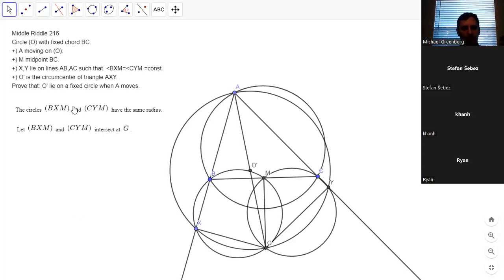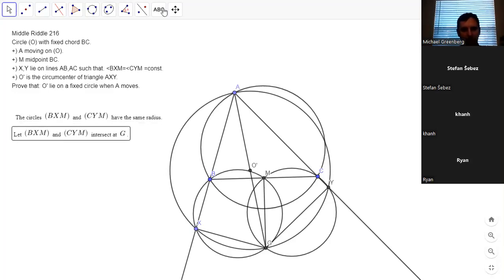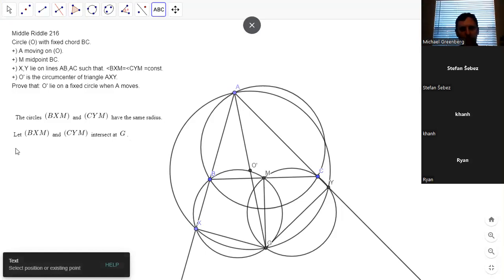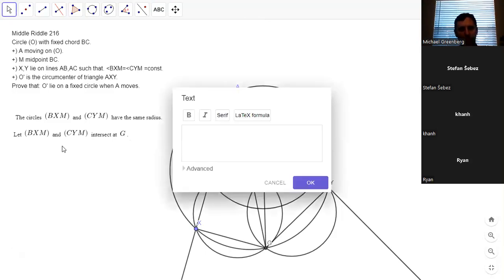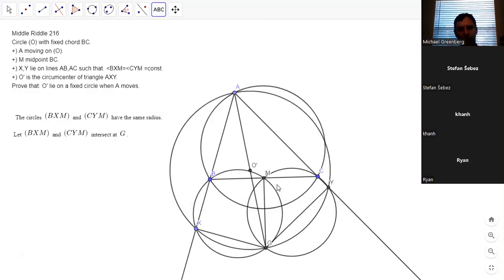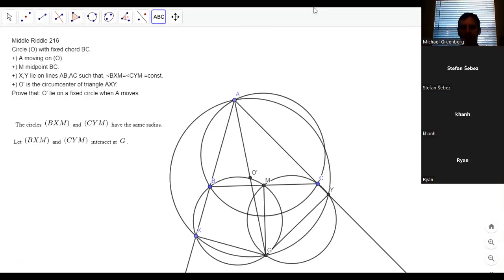Okay, so we have angle BGC. So yeah, it's a homothety from G to this circle with ratio half. That's what you're saying. Yeah. Okay. That makes sense. Okay. So yeah, Ryan just mentioned it to me in the chat.